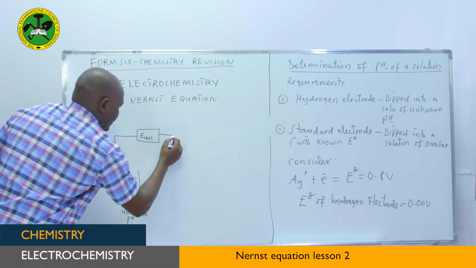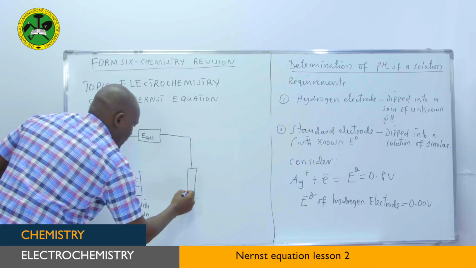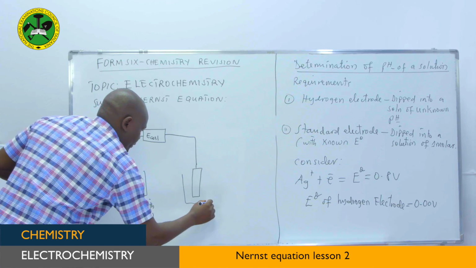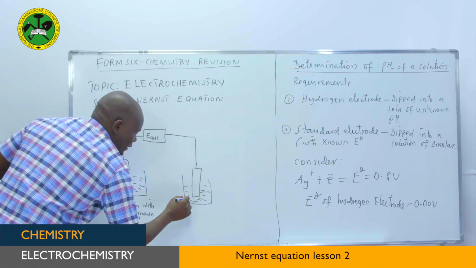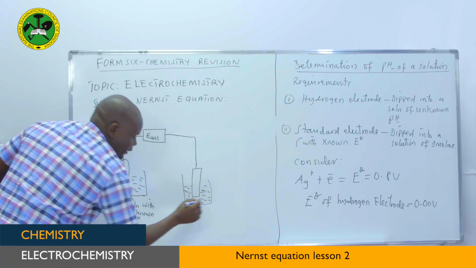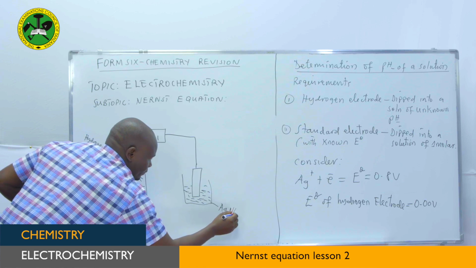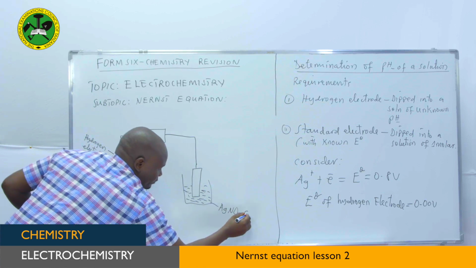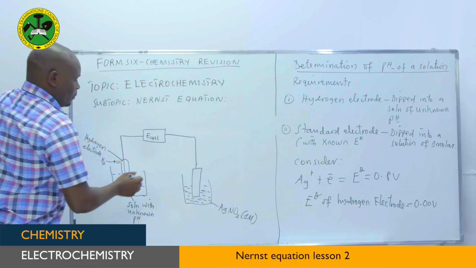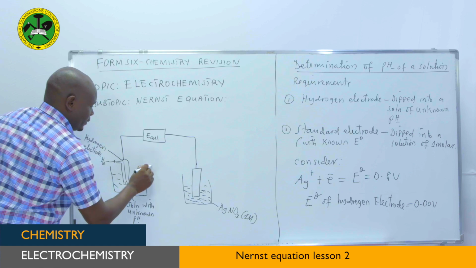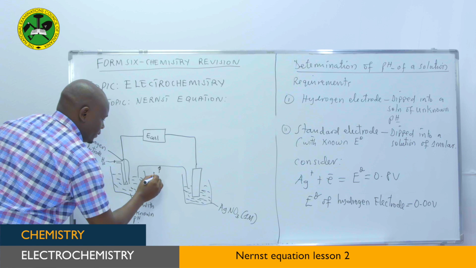So you will have another electrode, silver, placed on the right, but it must be dipped into a solution of its ions, which means silver nitrate, and the solution must be 1 molar in concentration. Now, here we must have the salt bridge. I know you remember the use of the salt bridge.